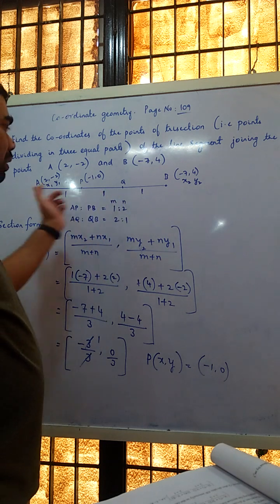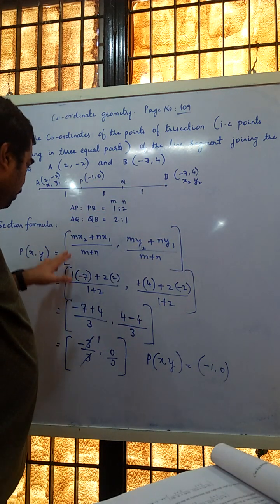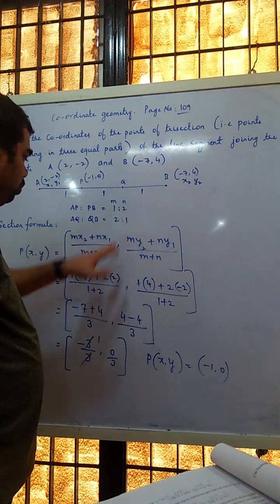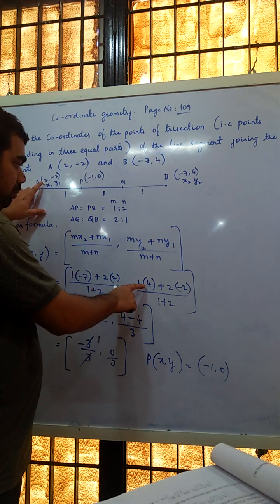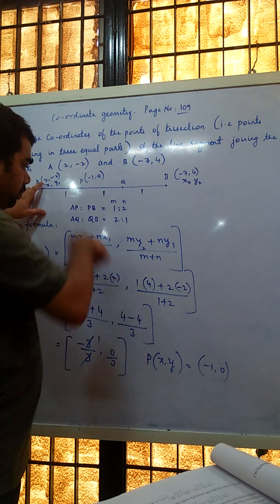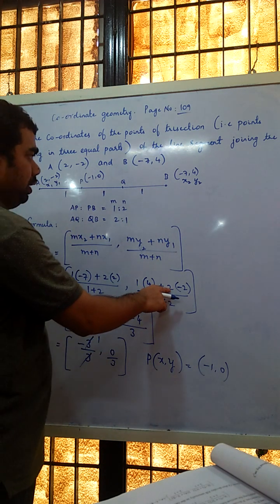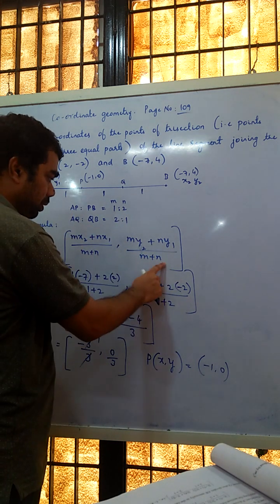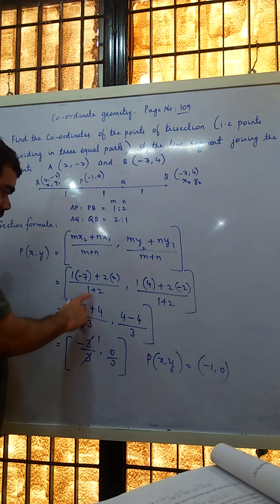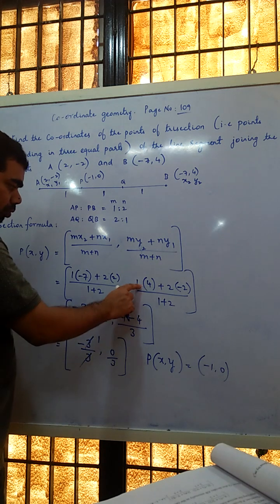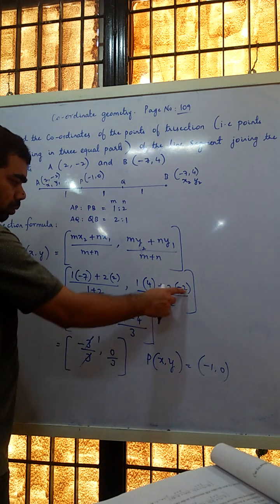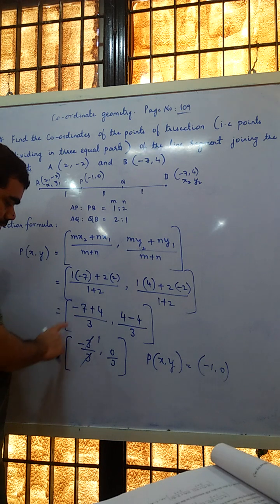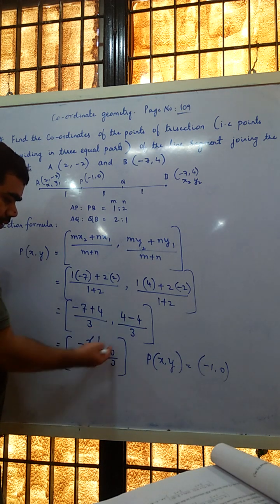Substitute the values: m is 1, x2 is -7, n is 2, x1 is 2, y2 is 4, y1 is -2, and m plus n is 1 plus 2. 1 into -7 is -7, 2 twos are 4, over 3; 1 four is 4, plus 2 into -2 is -4, over 3. -7 plus 4, take the sign of the larger number, is -3 by 3, and 0 by 3 is 0.